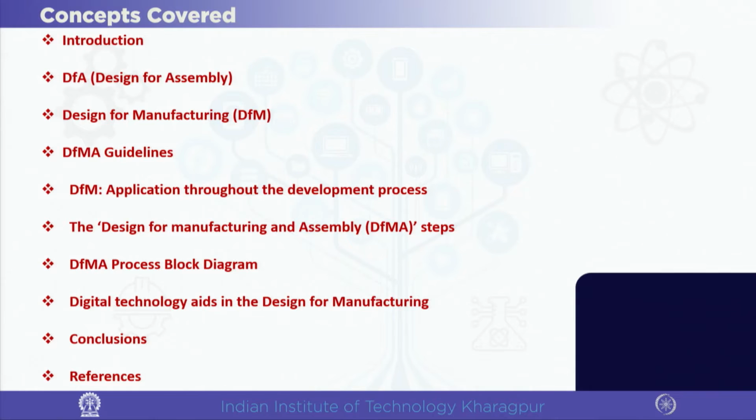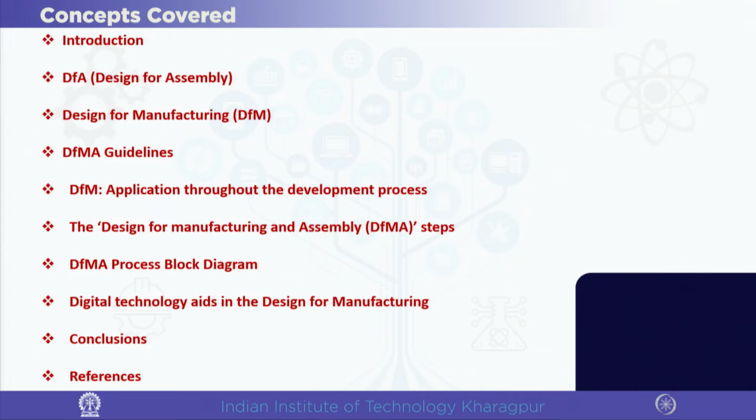Design for assembly. So, now we will first see the concepts that will be covered in this session: with a brief introduction, we will go into design for assembly and design for manufacturing.